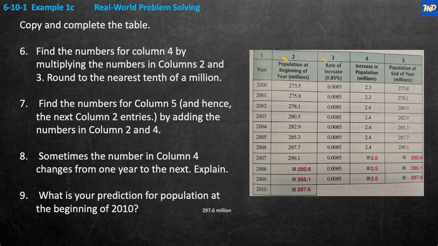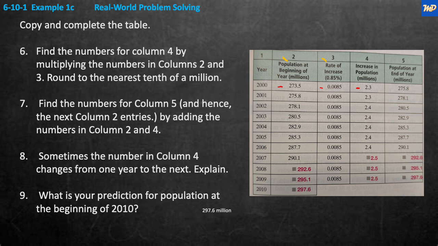So let's go right there. If we take what they're telling us, we can find the value, I'm going to put this in red, the value right here in column 4, 2.3 million, is created from multiplying 273.5 million by 0.0085.